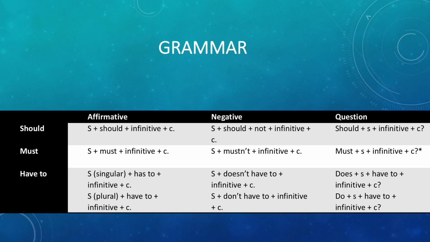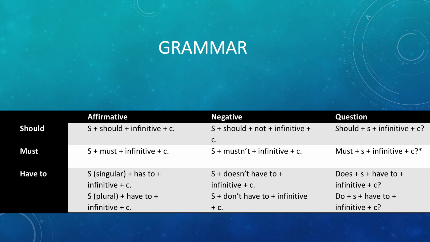As for the grammatical rules, should, must, and have to can all be used in affirmative sentences, negative sentences, as well as in questions. Should in the affirmative is preceded by a subject and followed by an infinitive verb. In the negative, it's followed by not. And in the question, it's brought to the beginning and the sentence is ended with a question mark.